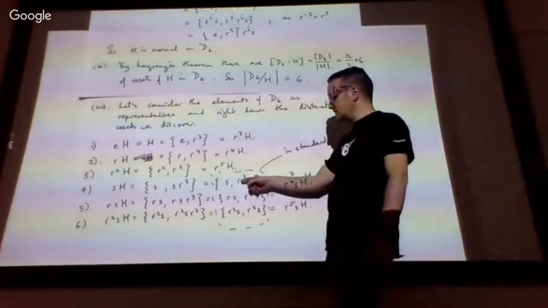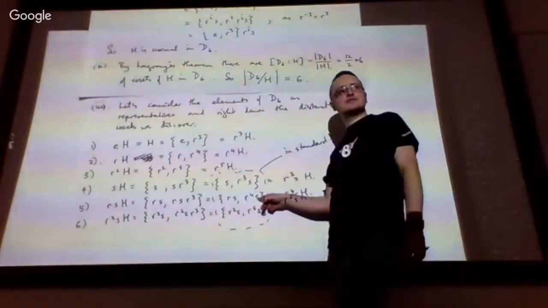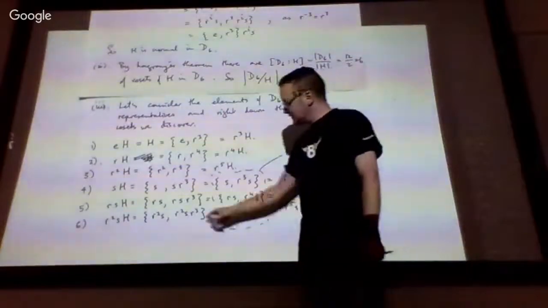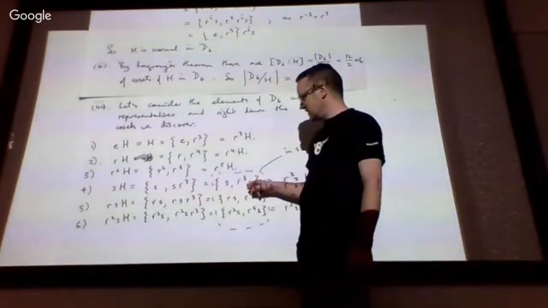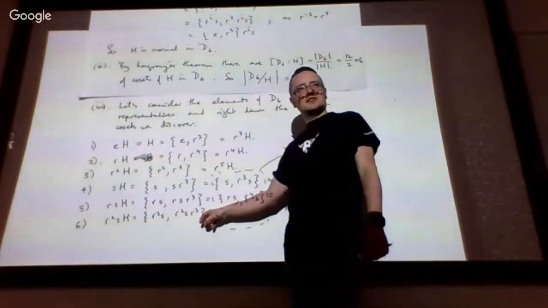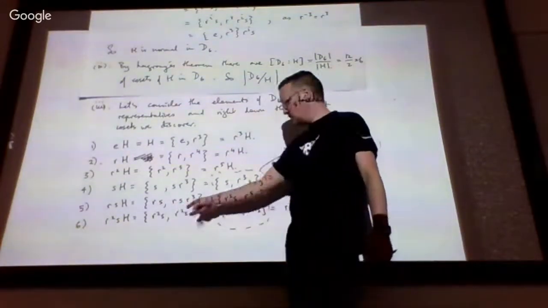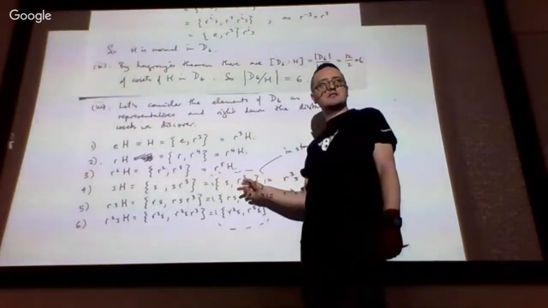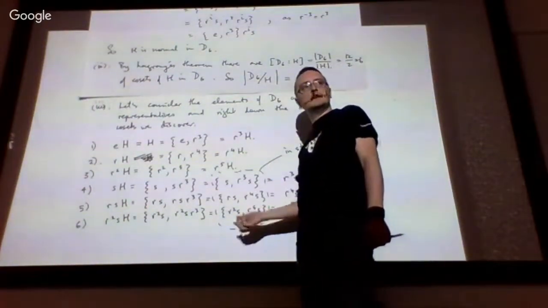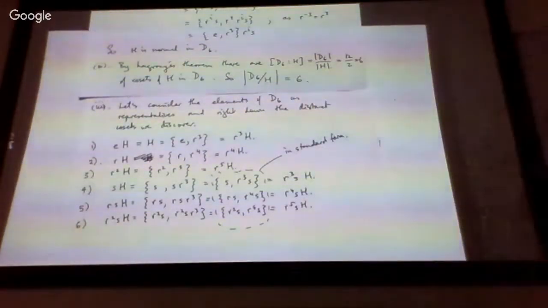I'm confident R cubed S is different from R4S, as they're both in standard form. But comparing this element with R cubed S, it's not immediately obvious whether they're different, because this is a complicated product. So that's the advantage of bringing everything into standard form: you can just inspect and determine whether they're the same or not.